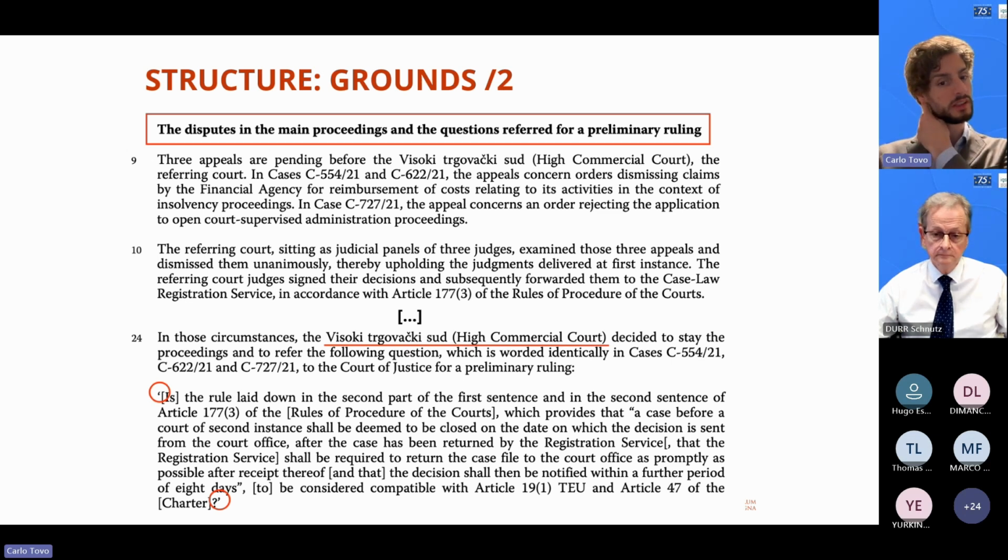Of course, the direct actions and appeals are slightly different. The section is called background to the dispute, and there is information on the procedure before the General Court, if applicable, and the Court of Justice. But the issues dealt with in this section are the same: factual background to the dispute.